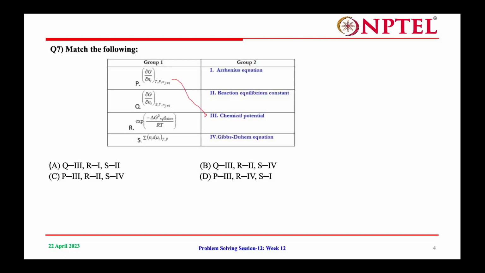And exponential of minus delta G reaction divided by RT is the reaction equilibrium constant, and summation n_i d mu_i at constant temperature and pressure, that's the Gibbs-Duhem equation.